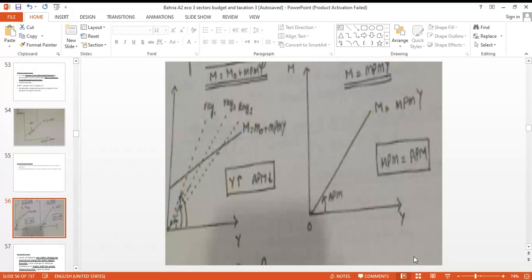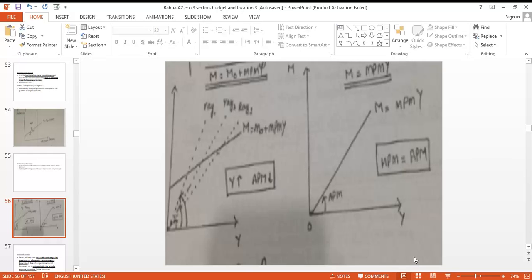So if there is a situation where your autonomous imports become zero, then your only imports will be induced, and in this case the induced imports, or the total imports, are going to start from the origin, just like ray 1, ray 2, ray 3.